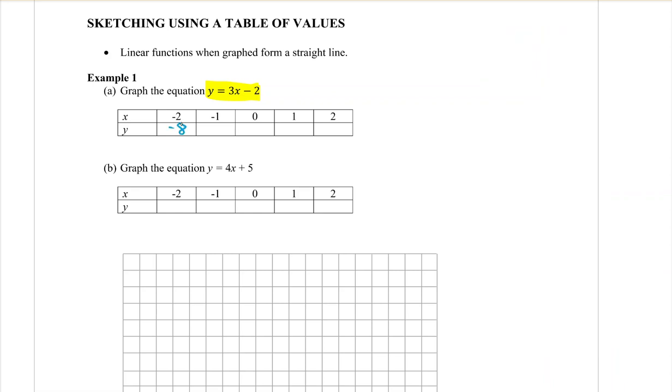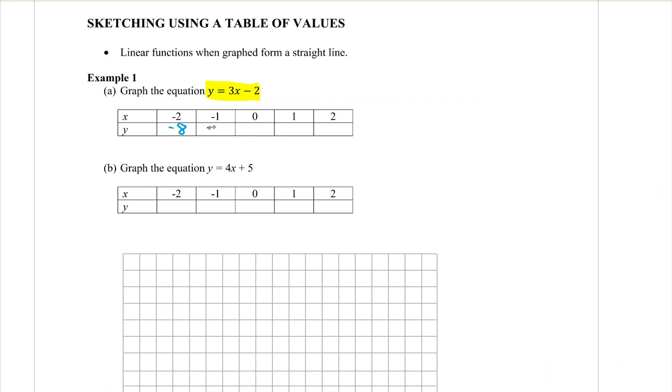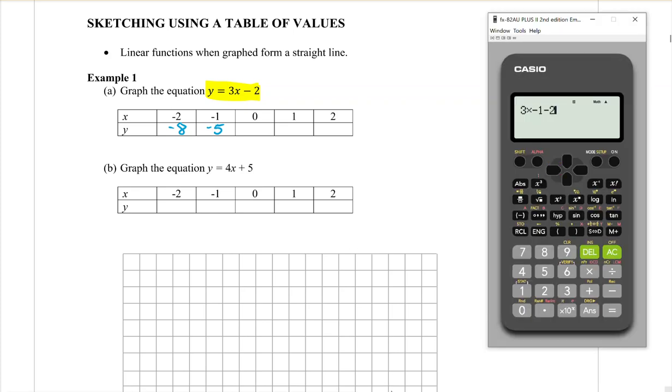Don't delete what is on your calculator. To do the next one, I now need to replace that minus 2 with a minus 1. So just use your back arrows, delete the minus 2, change it to a 1, and press equals, and we get minus 5. Again, don't delete your calculator, just use the back arrows.